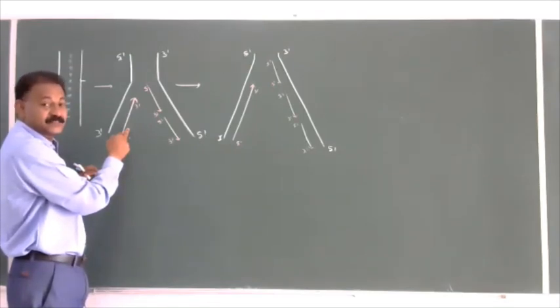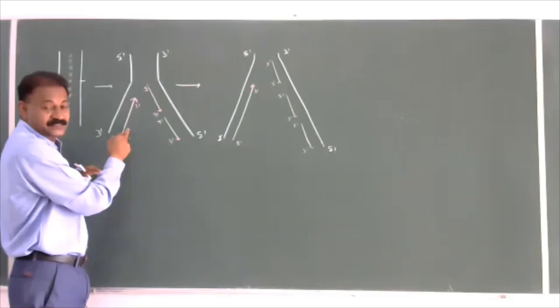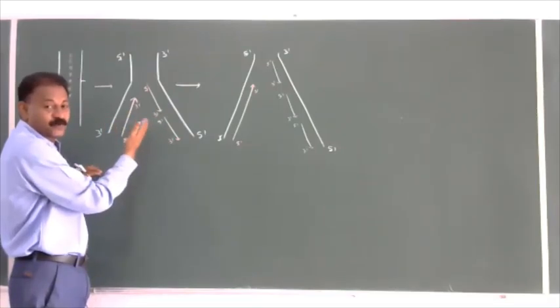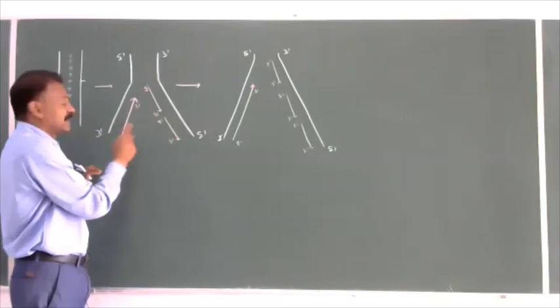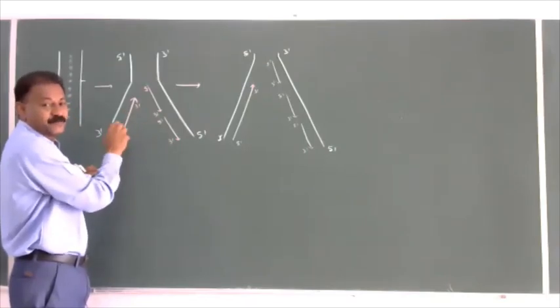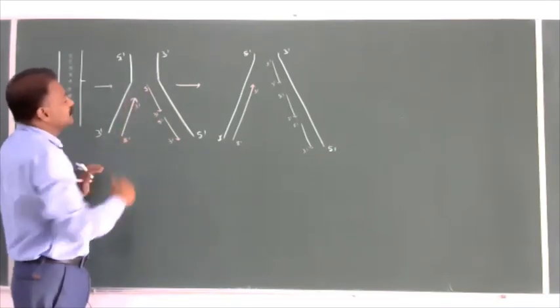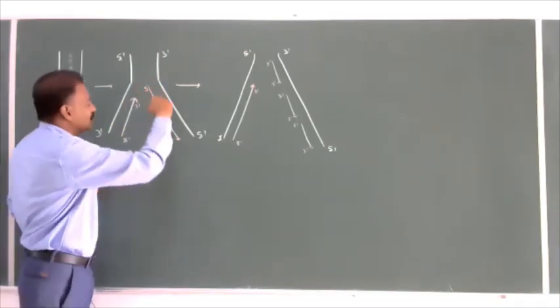So they are acting as substrates and energy donors. The energy is released by breakdown of the bonds between phosphate molecules, and they will form hydrogen bonds and deoxyadenosine monophosphate, thymidine monophosphate, cytidine monophosphate. Like that, synthesis of new strand starts here also.